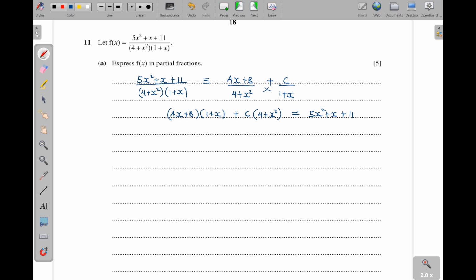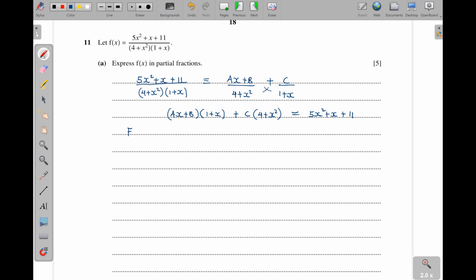Now, our mandate is to find the values of a, b, and c. I can get values of x that I can substitute in here, and then I terminate one of the terms. So if x is, let's say, -1, this whole thing is going to go, and I will remain with this one here.